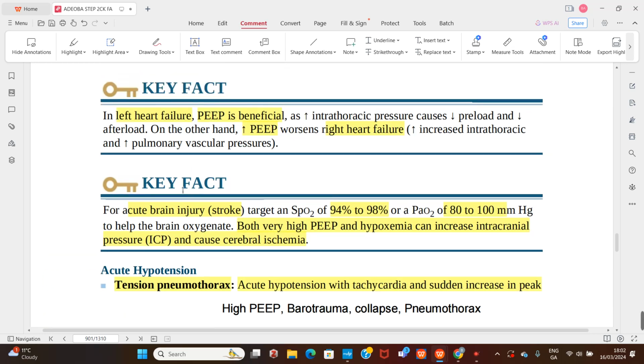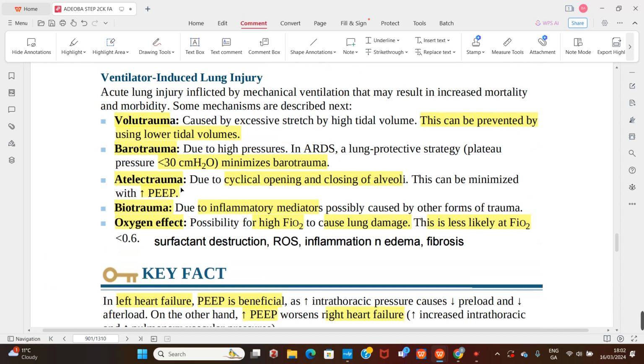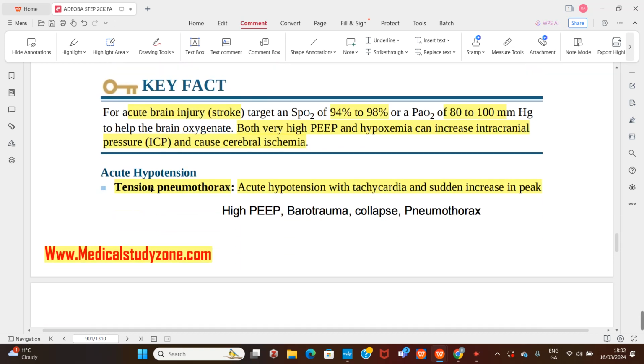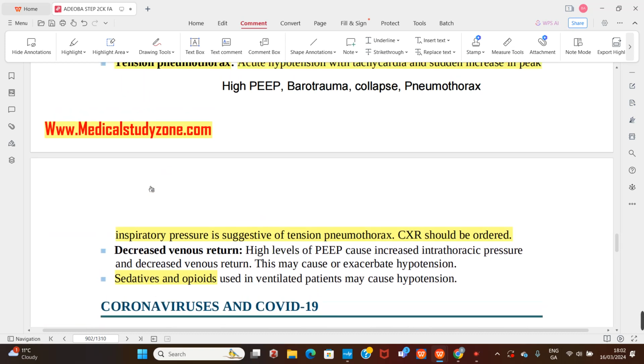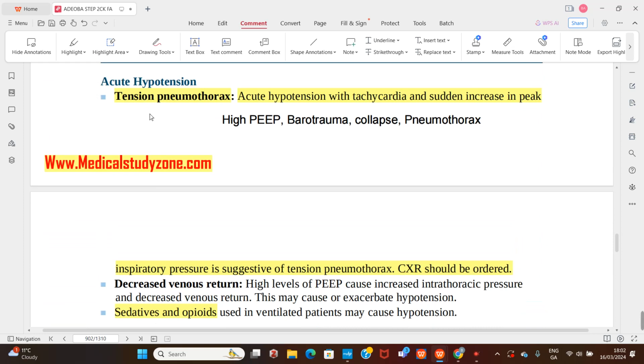So we have talked about the other complications. So this is for hypotension. So hypotension, we are looking out for 3 things. Tension pneumothorax. So suddenly the patient suddenly became hypotensive, with reflex tachycardia, and you check your pressure, you see an increase in the peak inspiratory pressure.